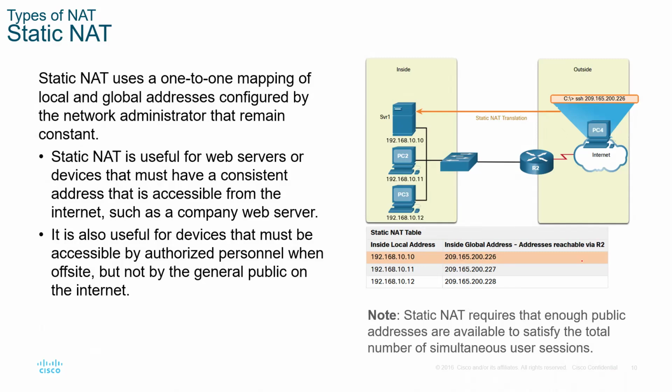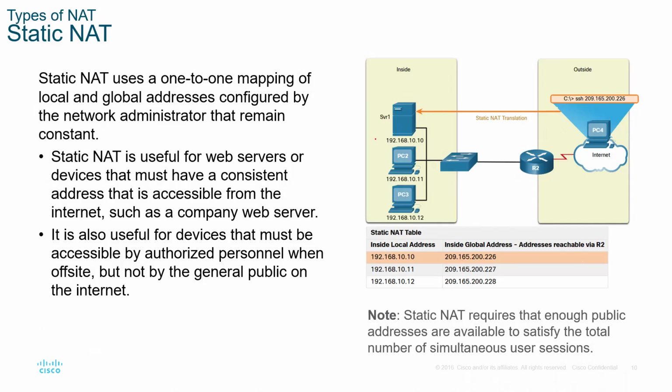Static NAT is useful for web servers or devices that must have a constant address and that is accessible from the internet. It is also useful for devices that must be accessible by authorized personnel when off-site, but not by the general public. So what static NAT is basically is a one-to-one mapping.